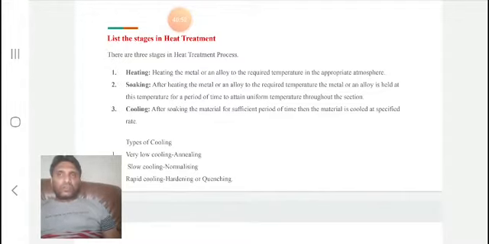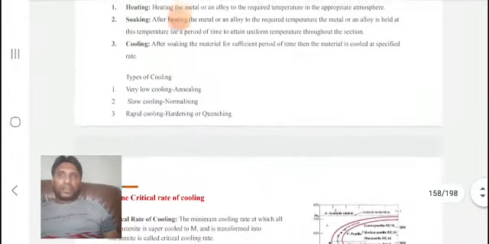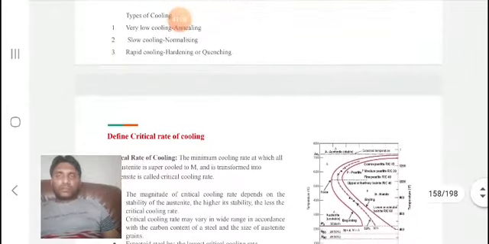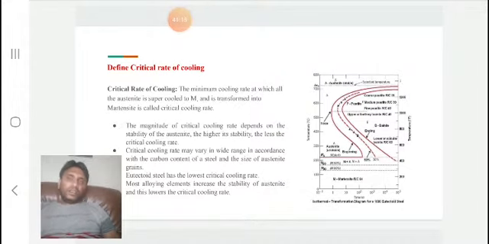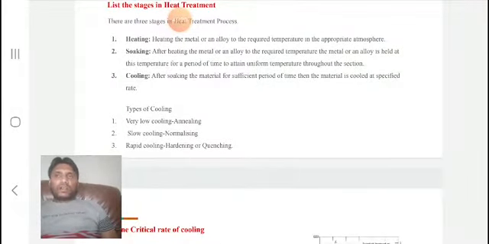In this process of cooling, we have different types of cooling, that is very slow cooling, slow cooling and rapid cooling. Apart from this there are other cooling methods also, but they are broadly classified into three classes. One is called annealing, the other is called normalizing, and the third type of cooling is called quenching, hardening or quenching.